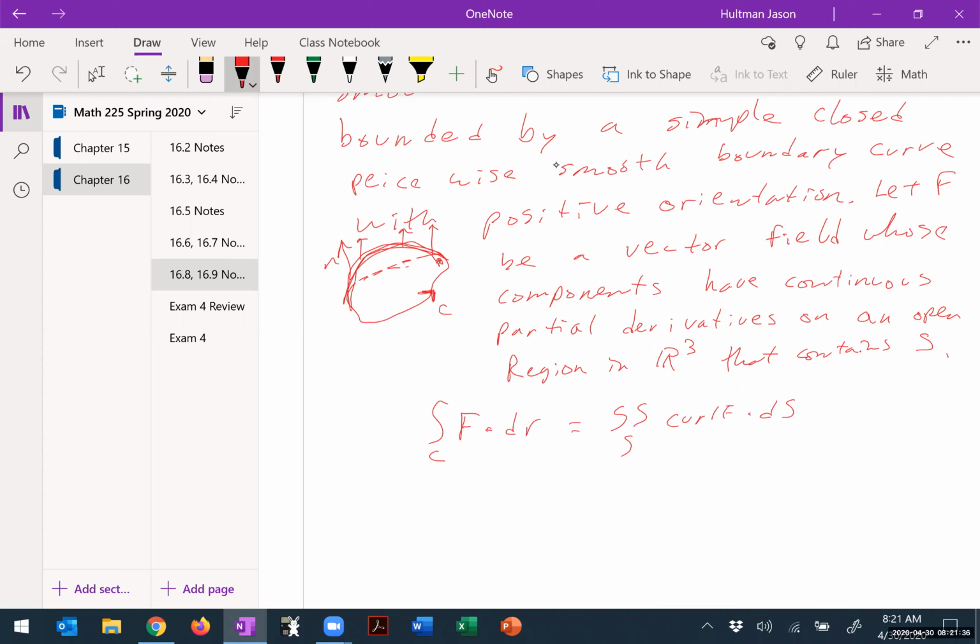So this goes forwards and backwards. That's what Stokes' theorem is saying here, that we can exchange a line integral for a surface integral, or vice versa. Under these conditions, they're interchangeable.